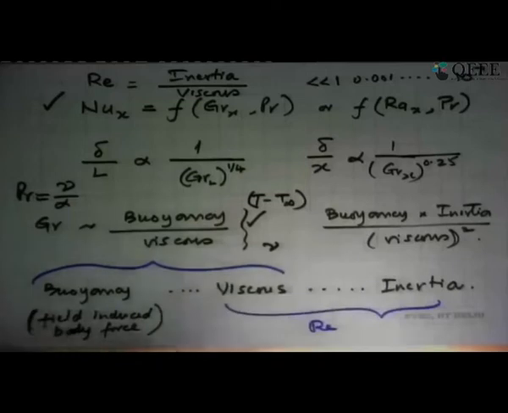But can we express all three together and say, if I am presented with a problem, should I tackle it as a forced convection problem, a natural convection problem, or a mixture of both? For that, we need to have some idea, and let me also give you some examples.